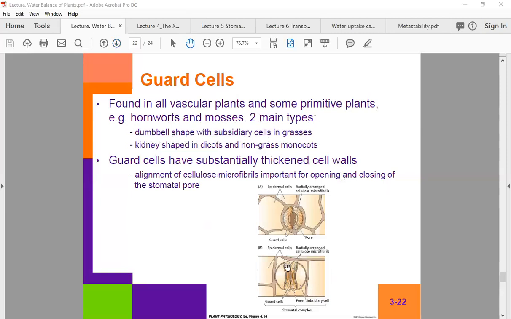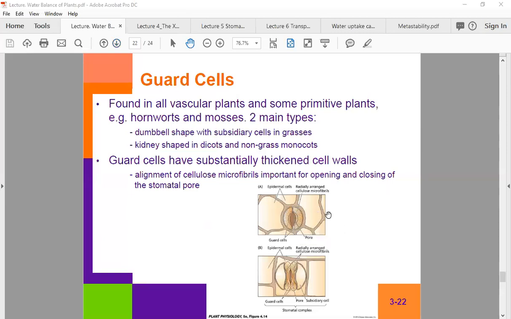The guard cells have these dumbbell shapes, and here are the subsidiary cells on either side. Then in dicots and non-grass monocots, the guard cells tend to be kidney-shaped, and here are the kidney-shaped guard cells.